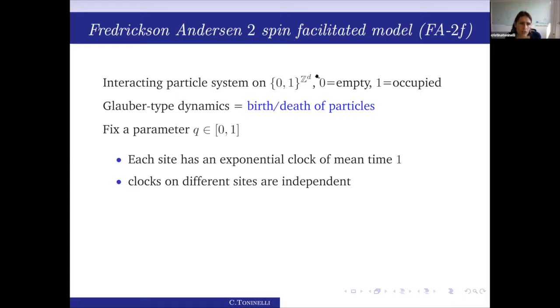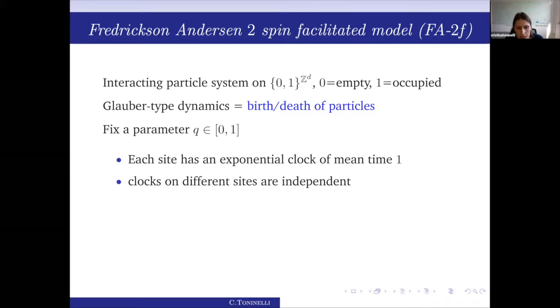The dynamics for this model is a Markov process of Glauber type. Namely, it's the dynamics of birth and death of particles. Sites which are empty can get occupied, and sites that are occupied can get empty. And to define the model, I first have to fix a parameter, q, which is in the interval [0,1]. Then the dynamics goes as follows.